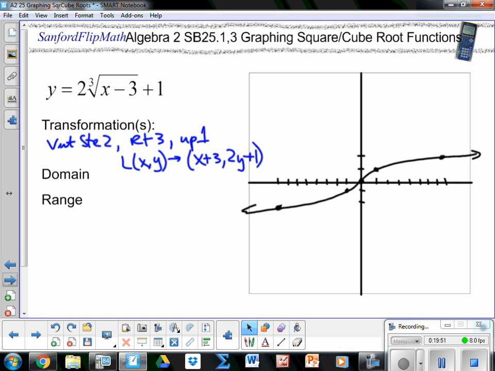Okay, so I'm going to stretch it by a factor of 2 vertically. That means that all of my y values are going to double, and then I'm going to shift it right 3 and up 1. Now I know I'm moving quickly because I'm worried about your time. Feel free to pause. Oh, I'm moving the wrong point there, caught myself.